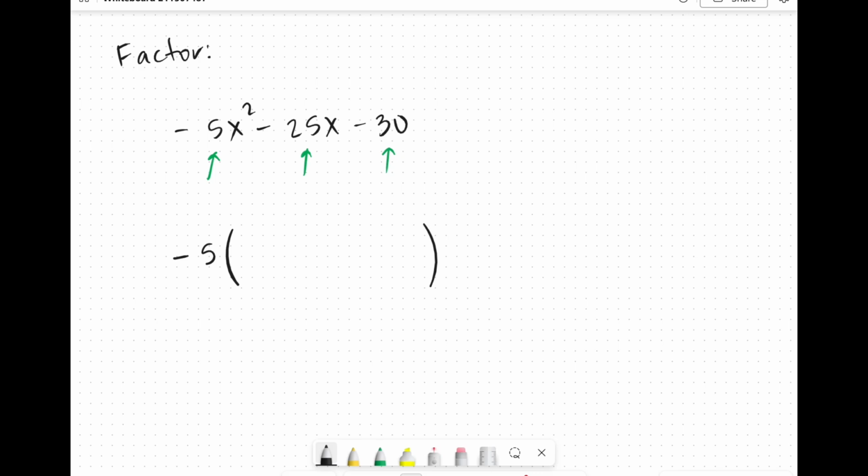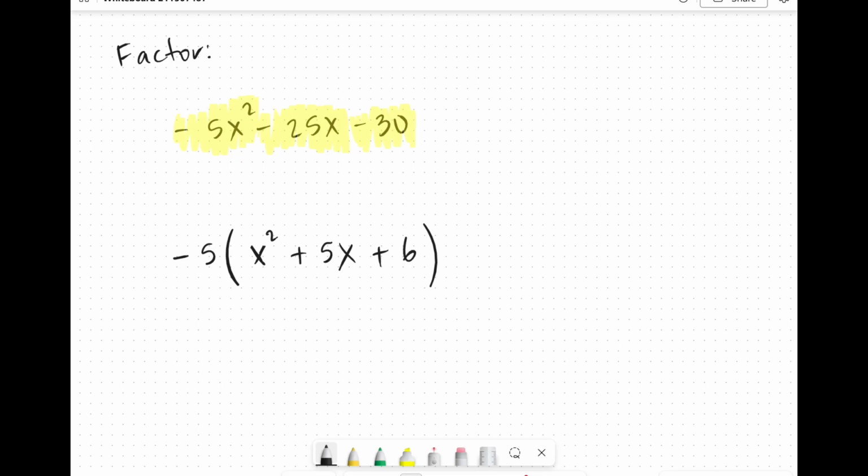So if you divide your first term by negative 5, you're left with x squared. It actually becomes positive. If you divide your second term by negative 5, that negative 25 becomes a positive 5. And if you divide your negative 30 by negative 5, that negative 30 becomes a positive 6.